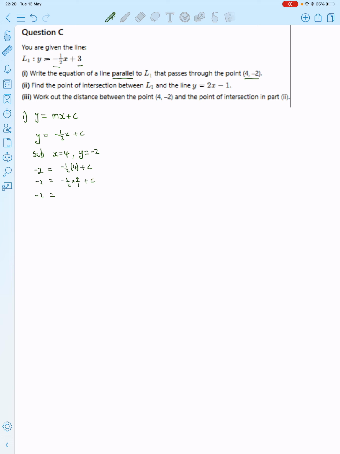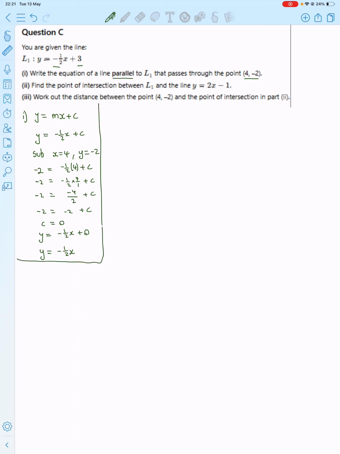So minus 2 equals, that's minus 1 times 4 is minus 4, over 2 times 1 is 2, plus c. Minus 2 equals minus 4 divided by 2, which is minus 2, plus c. Minus 2 equals minus 2 plus c, which means that c is going to be equal to 0. So our final equation is y equals minus a half x plus 0, but that's just the same thing as y equals minus a half x.